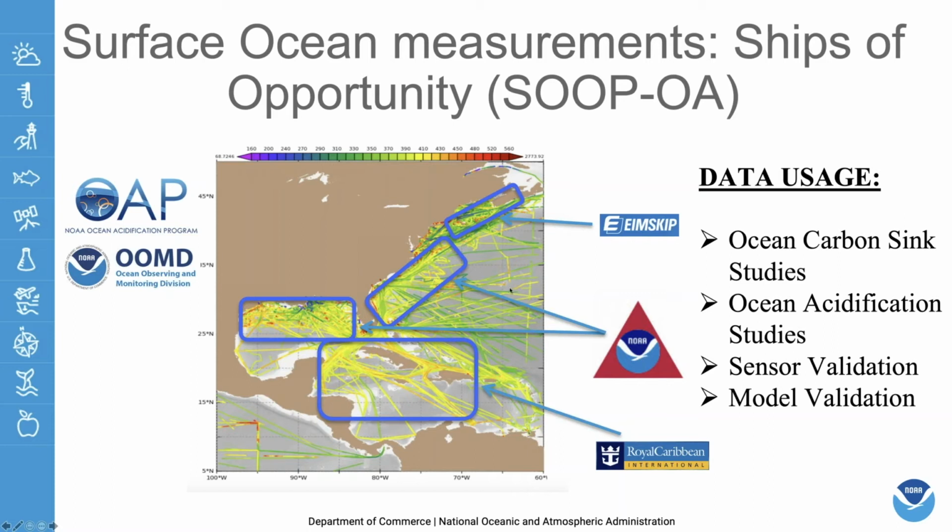The NOAA Ocean Observing and Monitoring Division also funds our group to maintain systems on a variety of other ships, including a cargo vessel, the Oleander, that works in northeast waters here, and 2 cruise liners from Royal Caribbean collecting data in the Gulf of Mexico and Caribbean region. This data is regularly submitted to SOCAT and is used for a variety of studies, including ocean carbon sink, ocean acidification, sensor, and model validation.